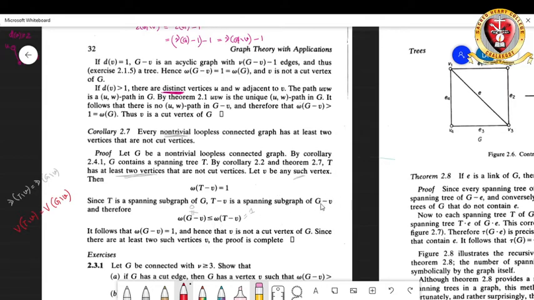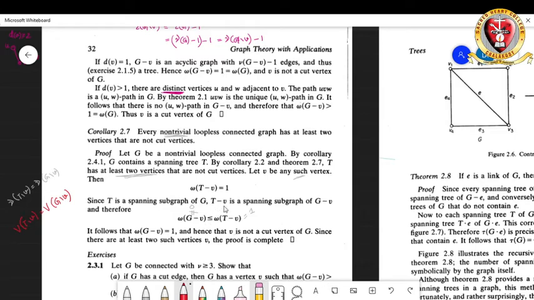Since G minus v has more edges than T minus v, and G has more edges than T, when the vertex v is removed from G and also from T, the possibility of forming more connected components is greater for T. When we remove v from T, there are more chances of disconnection.